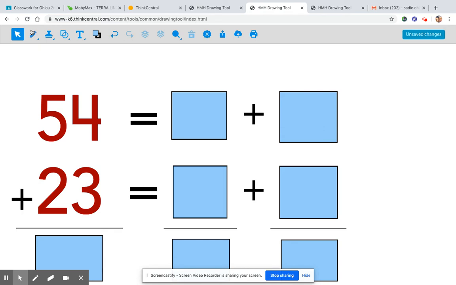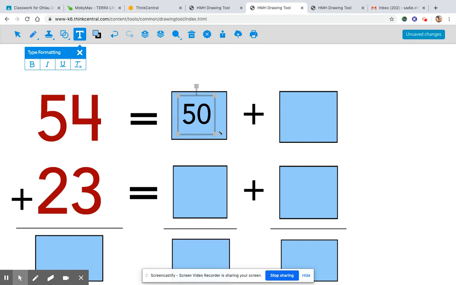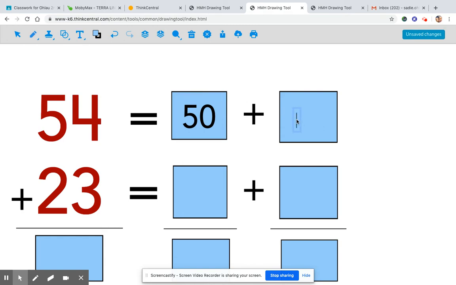Okay, so first of all, 54, let's break it up. We have a 5 in the tens column, so that equals 50, right? Plus I have a 4 in my ones column. So to write 54 in expanded notation, it's 50 plus 4.